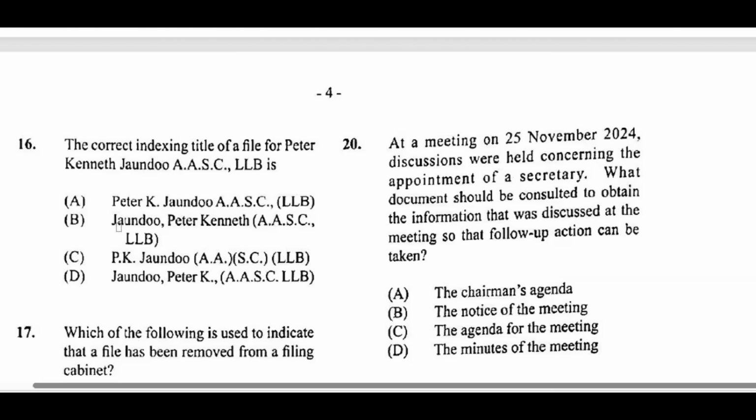So my answer should have Jandu, Peter, still B and D are in the race. Everything else comes after. So it's supposed to be Jandu, comma, Peter, then Kenneth, not K. They give us his whole name here, Kenneth. So which one has Jandu, comma, Peter, Kenneth? That's B, so the answer is B.